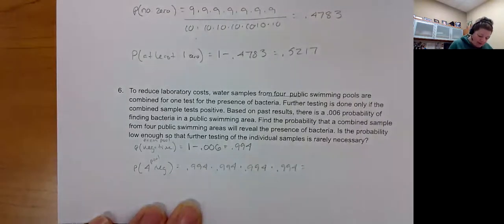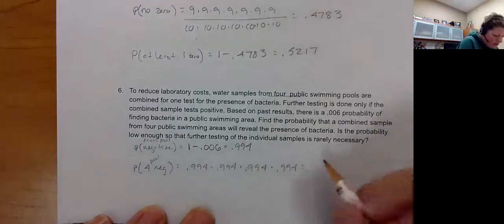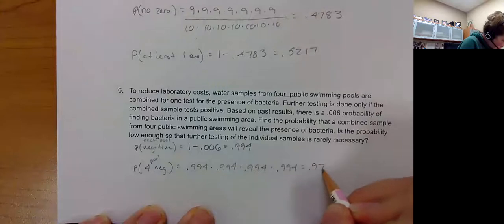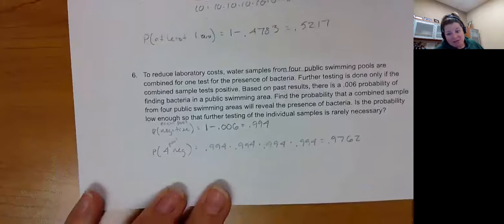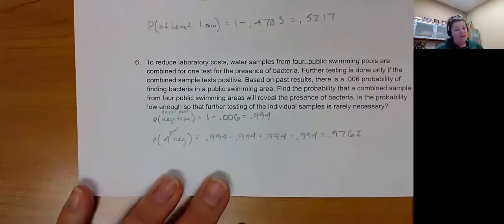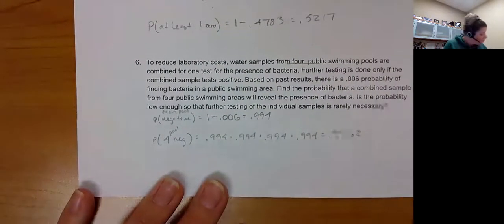So you can put it in your calculators, 0.994 to the 4th power, and that's going to give me 0.9762-ish. So 97% chance that you will have a negative pool result.